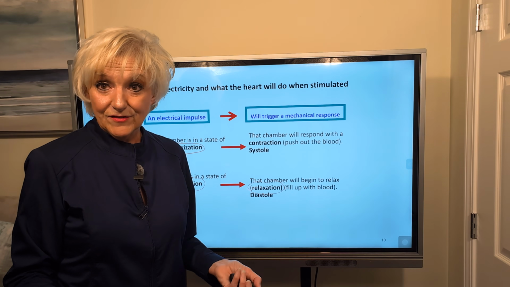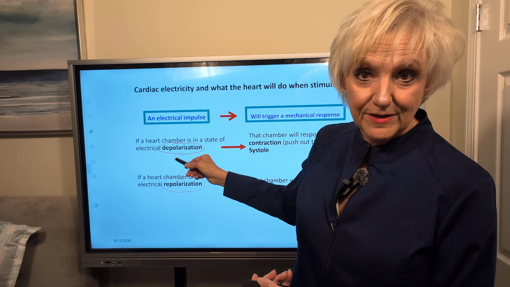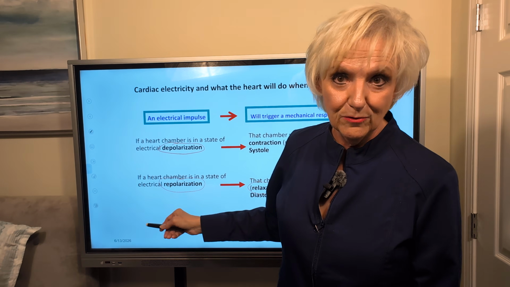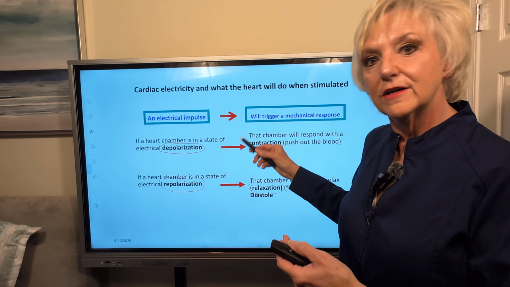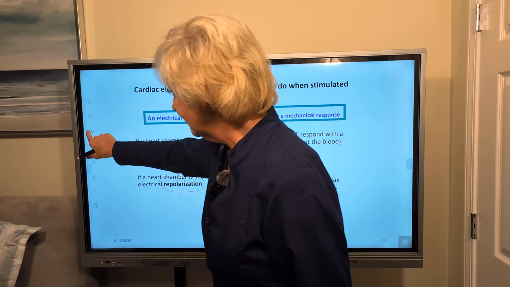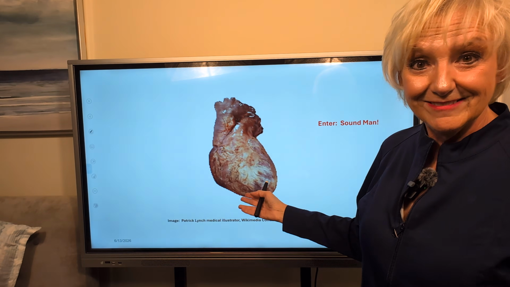And that's called diastole. So just to recap, if you're going to depolarize, you're going to repolarize. So depolarization, repolarization, push, fill, contract, relax, systole, diastole. Thank you, electrolytes. And this is what you got.